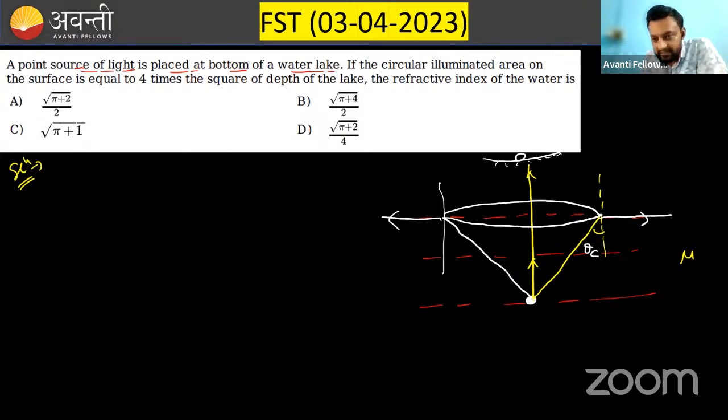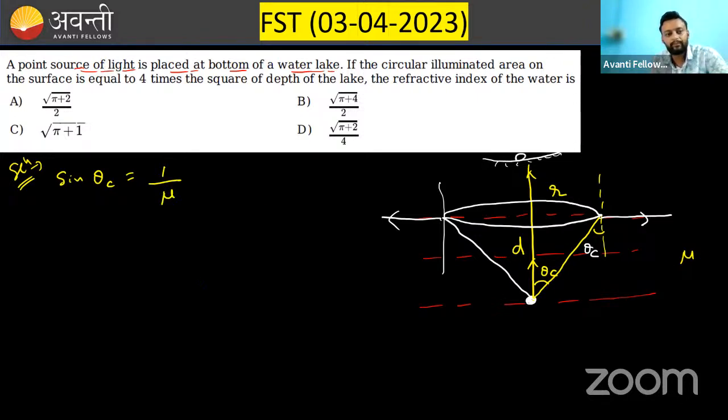Okay. If this angle is theta c, by alternate interior angles, this will also be theta c. Let's suppose the depth of the lake is d and the radius is r. Now, by the definition of critical angle, sine theta c is equal to rarer medium over denser medium. Rarer is 1, denser is mu, which we have assumed.